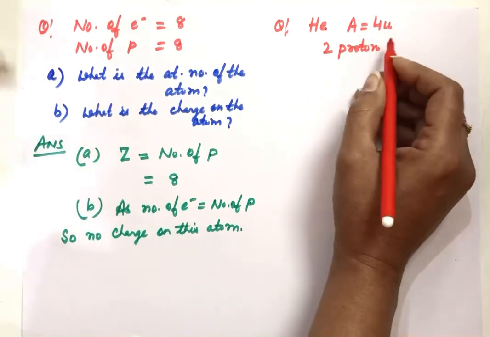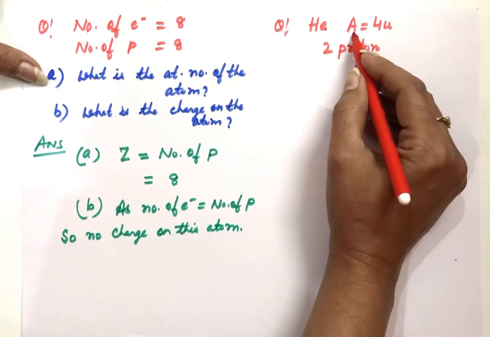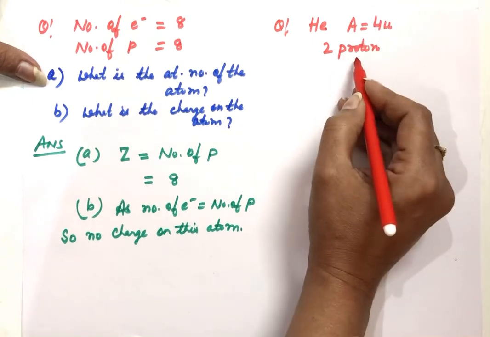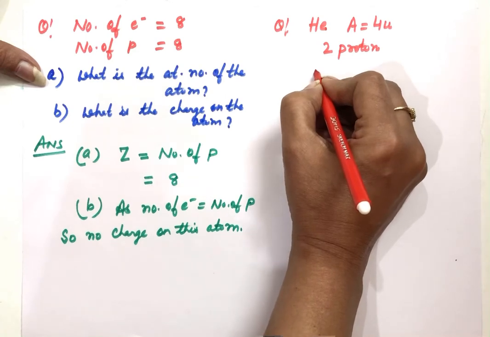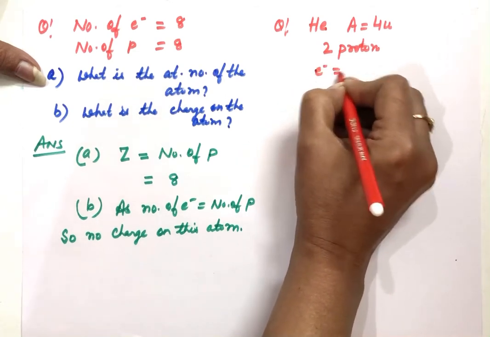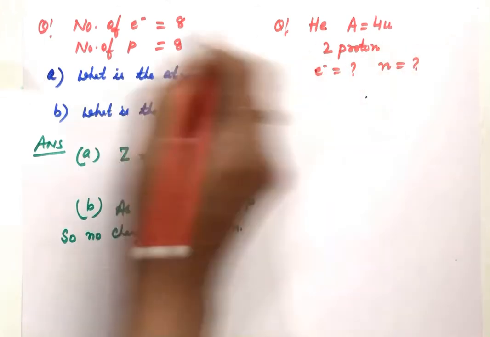So just for the statement I am writing. Otherwise 4 u is atomic mass given, and that is approximately equal to the mass number only. There are 2 protons in the nucleus. How many electrons and neutrons does this have? Electron number we have to calculate and neutron number we have to calculate in this.